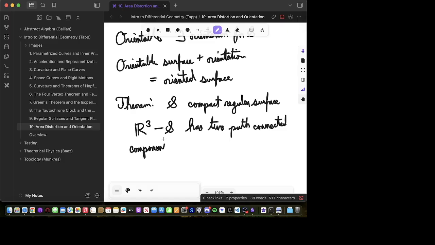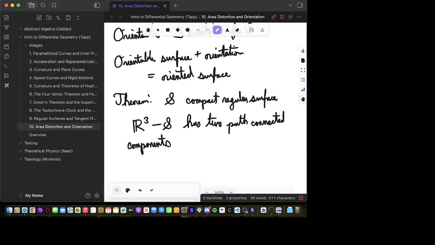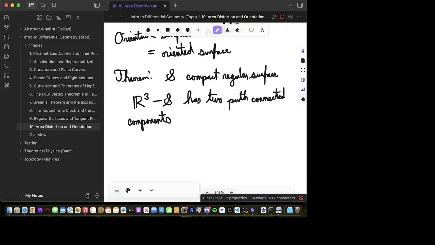And remember, a path-connected component is essentially a set such that any 2 points, you can draw a path from one to the other. So one component, the interior, is bounded, and the exterior is unbounded.